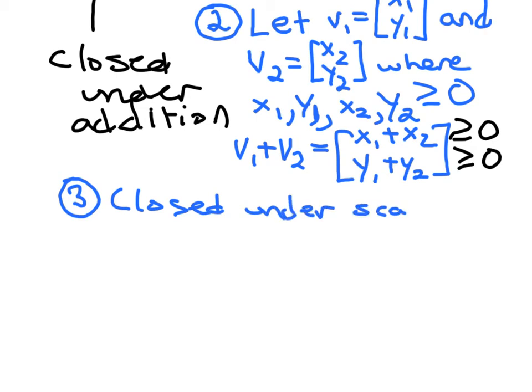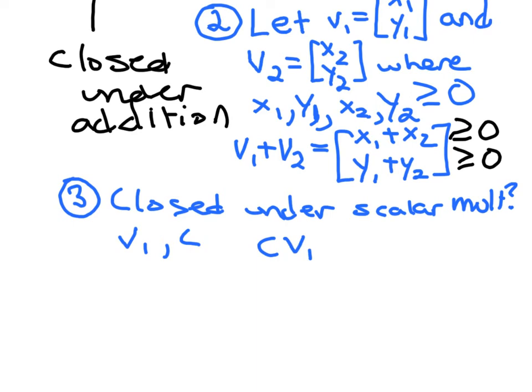I just like to have it in writing, but I'll abbreviate here. To satisfy that, we need to take a generic vector in W. So I could use that same v1 that we had in the previous problem. And c needs to be any scalar, any real value. And the question is, is c times v1 in W?